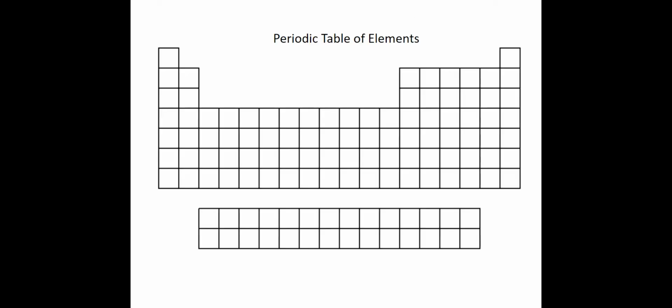Normally, and here it is, normally we pass this out to our students during class. And over the course of multiple days, we have the students fill in the periodic table with ever more layers of information.